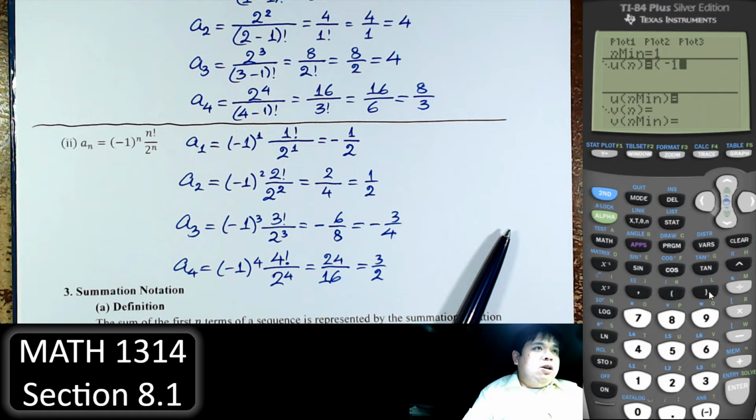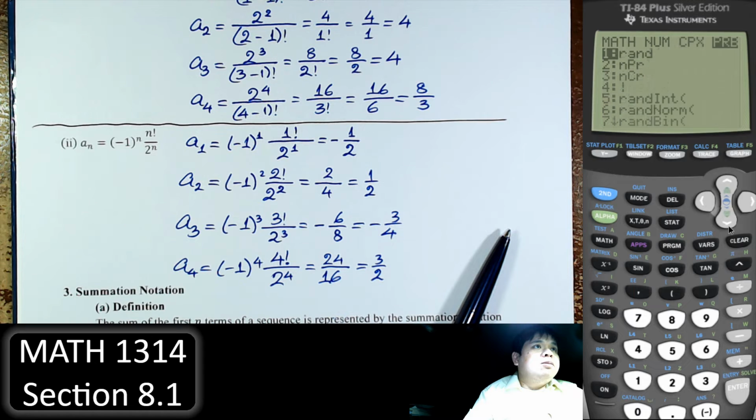Negative 1 to the n power, and then the fraction, let's try this again: negative 1 to the n power times the fraction n factorial over 2 to the n.